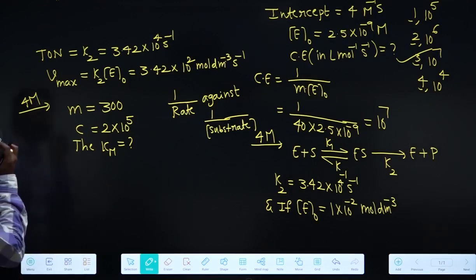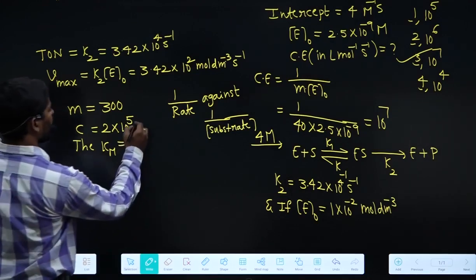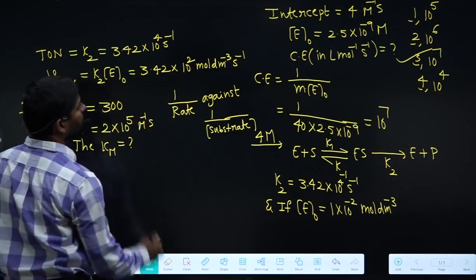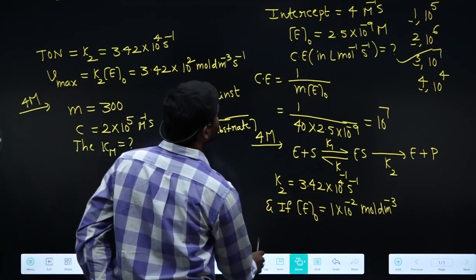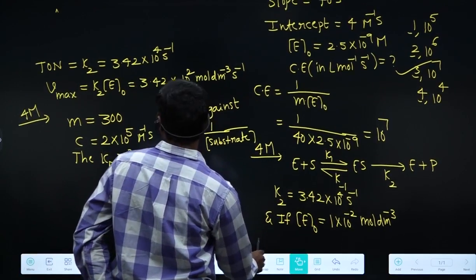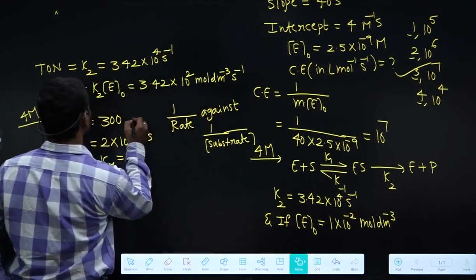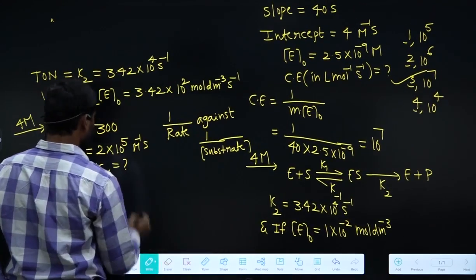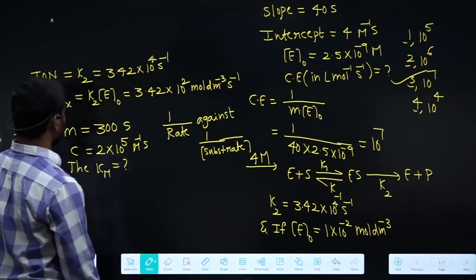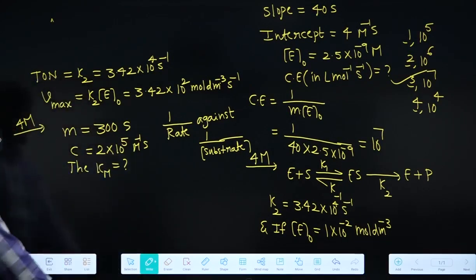What should be the units of slope and intercept? You may write slope unit as s, intercept unit as m inverse s. What is the Km value?